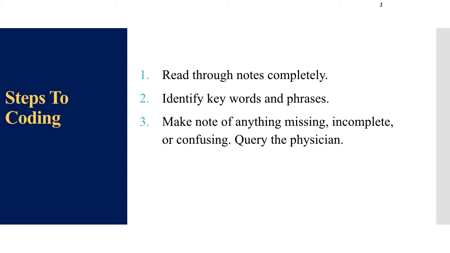Then you go back and you read it again, this time thinking about step number 2, as you see on your slide, which is to begin to identify the key words and phrases that will point you toward the information you need to determine a code.